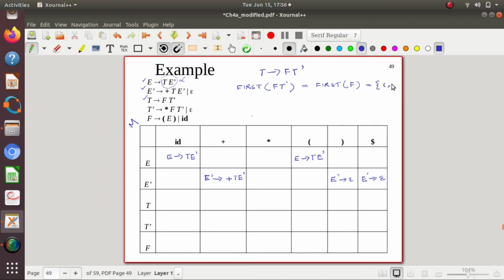So we have to add this production at the left parenthesis: T gives F T dash, then at id also, T gives F T dash.